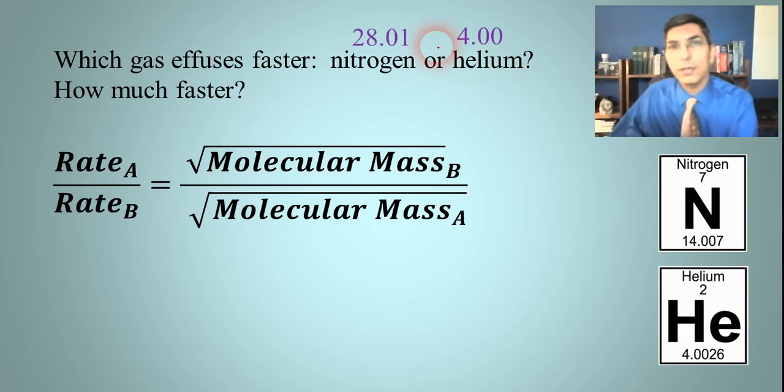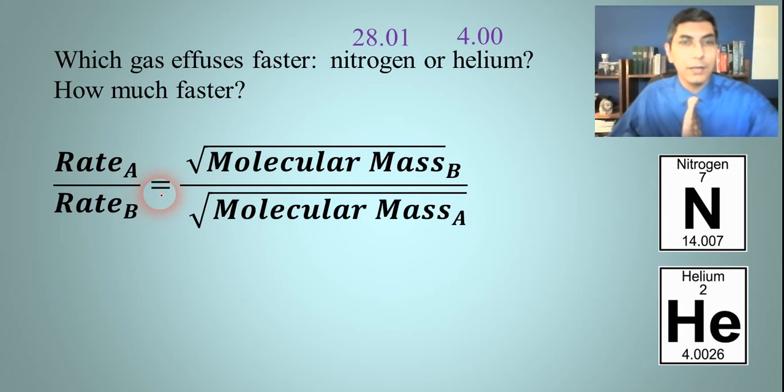We can look at these two gases and say very definitively that helium is going to effuse faster. So we got half of the question answered already. But the key part of this is how much faster. This is where we're going to use the equation.